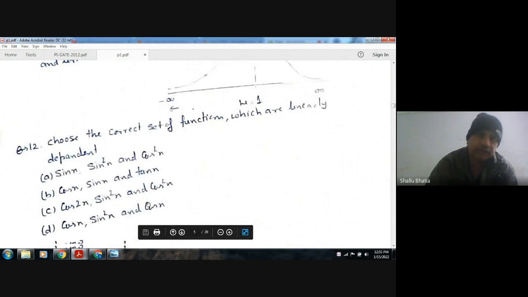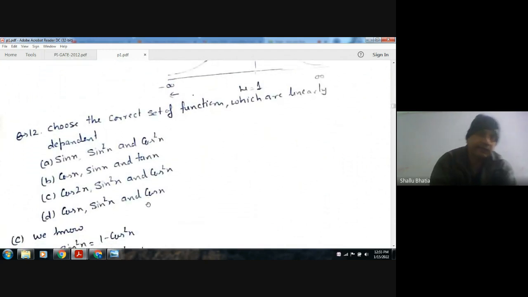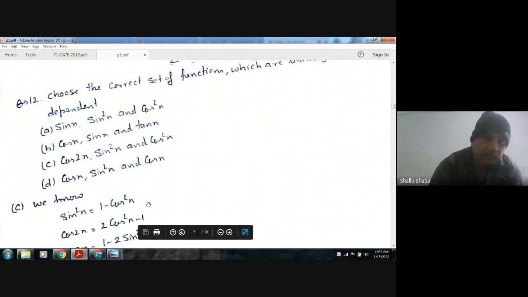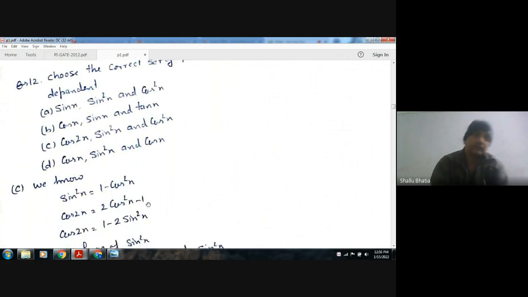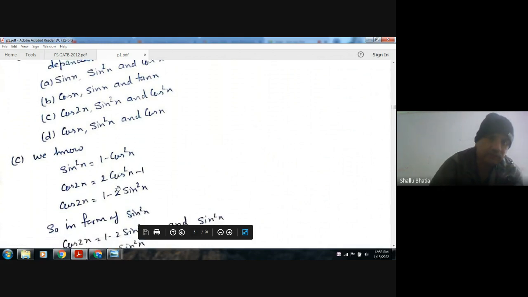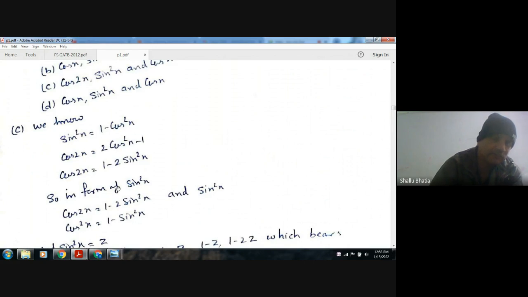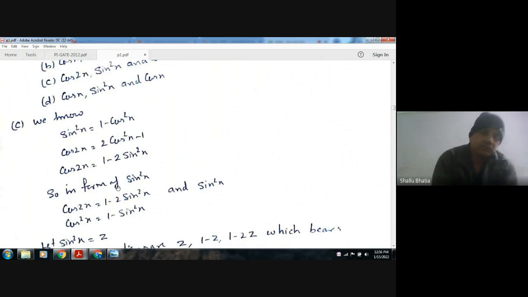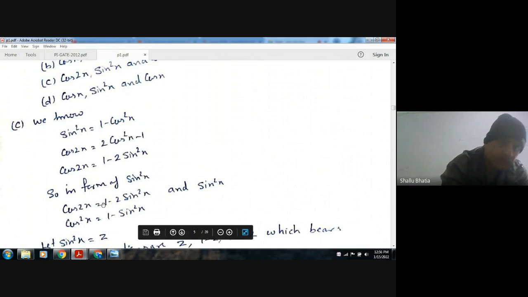Next, choose the correct set of functions which are linearly dependent. A sin x, sin square x, and cos square x. B cos x, sin x, and tan x. C cos 2x, sin square x, and cos square x. D cos x, sin square x, and cos x. We know that sin square x is equal to 1 minus cos square x, and cos 2x is equal to 1 minus 2 sin square x. Now we have three terms: sin square x, cos 2x, and cos square x.